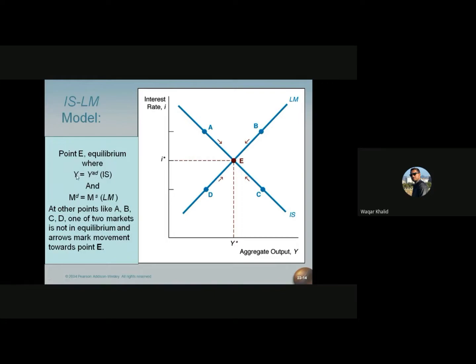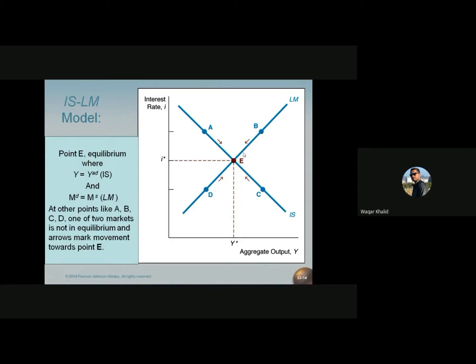It means that aggregate output is equal to aggregate demand for output, or we can say that this is the IS curve. Y is equal to YAD. Aggregate demand is equal to aggregate output. And MD is equal to MS. MD means demand for money and MS means supply of money, which is known as LM curve.